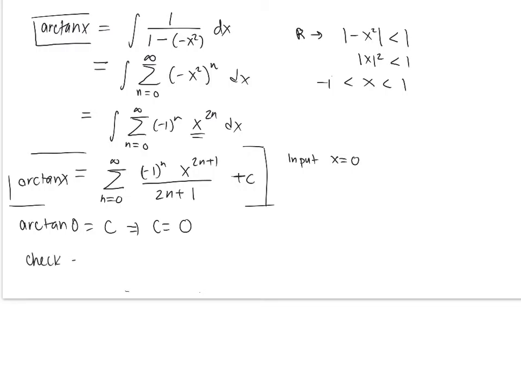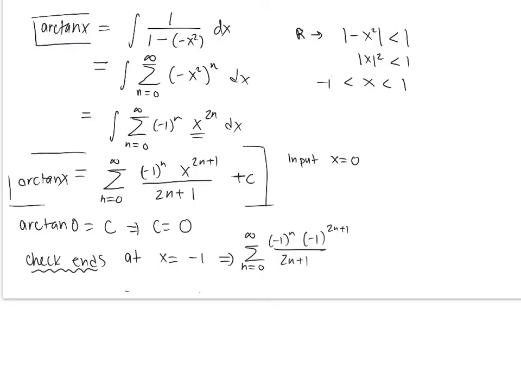Let's just check the endpoints real quick. Okay. At x equals -1, we have the sum from n equals 0 to infinity, -1 to the n, -1 to the 2n plus 1, over 2n plus 1.